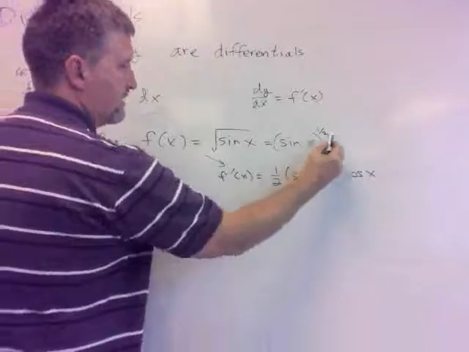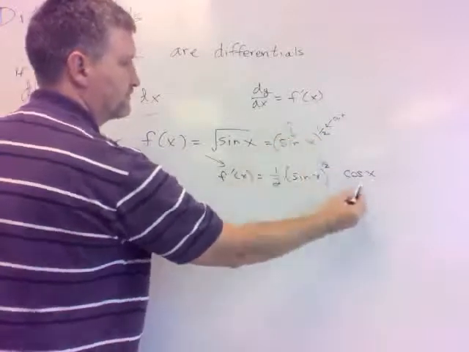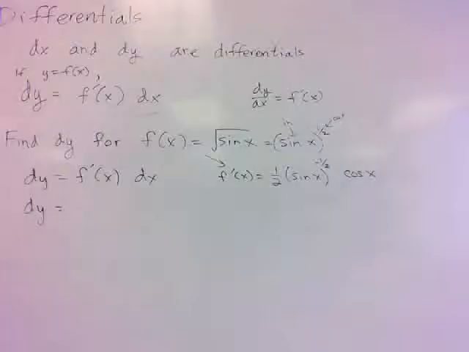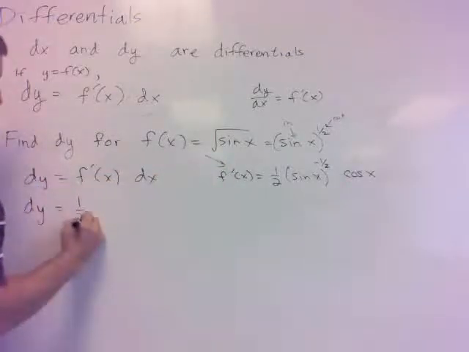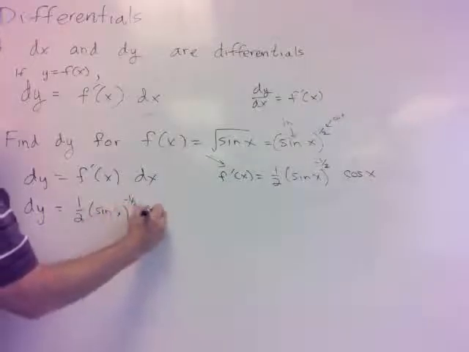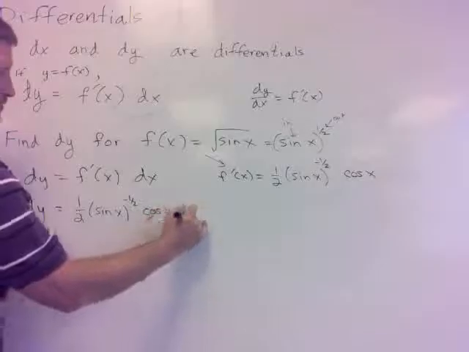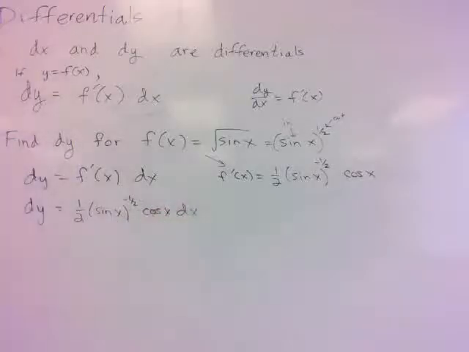Derivative of the outside, the 1/2 power, times the derivative of the inside. With me? So dy is going to be that times dx. There you go.